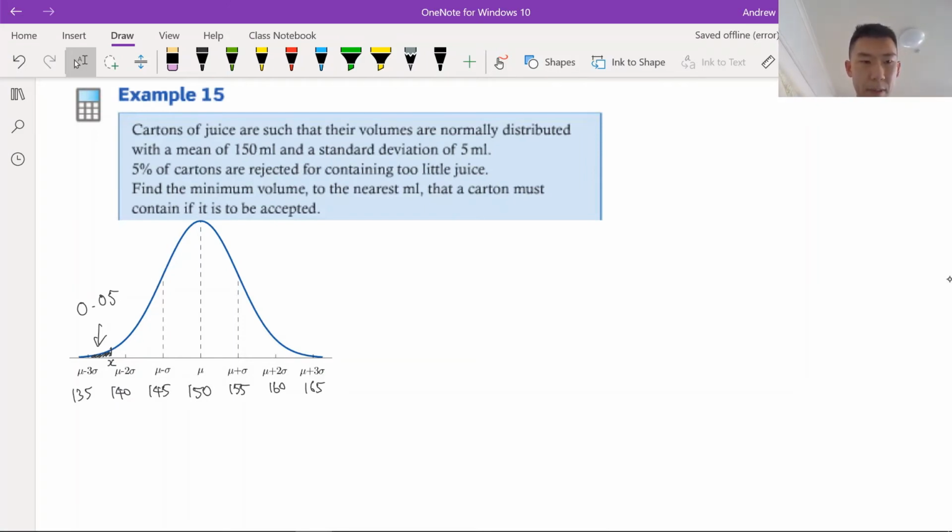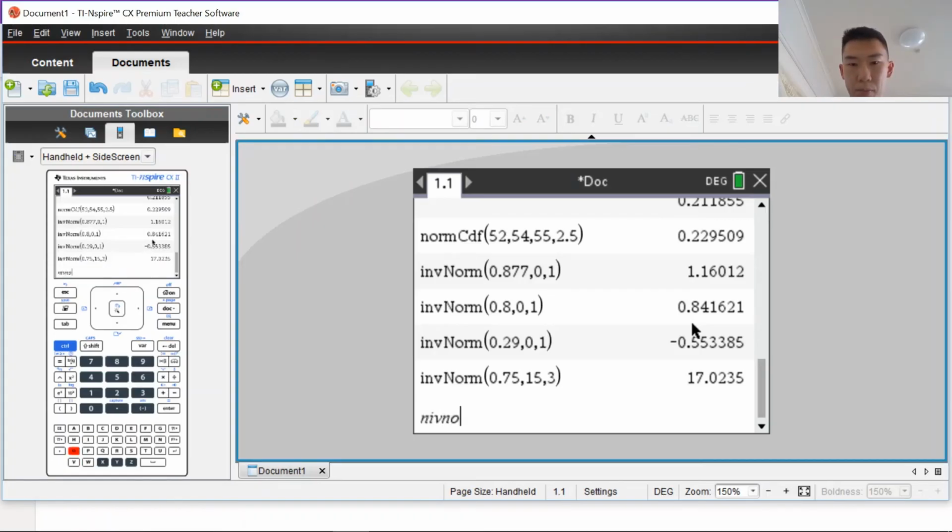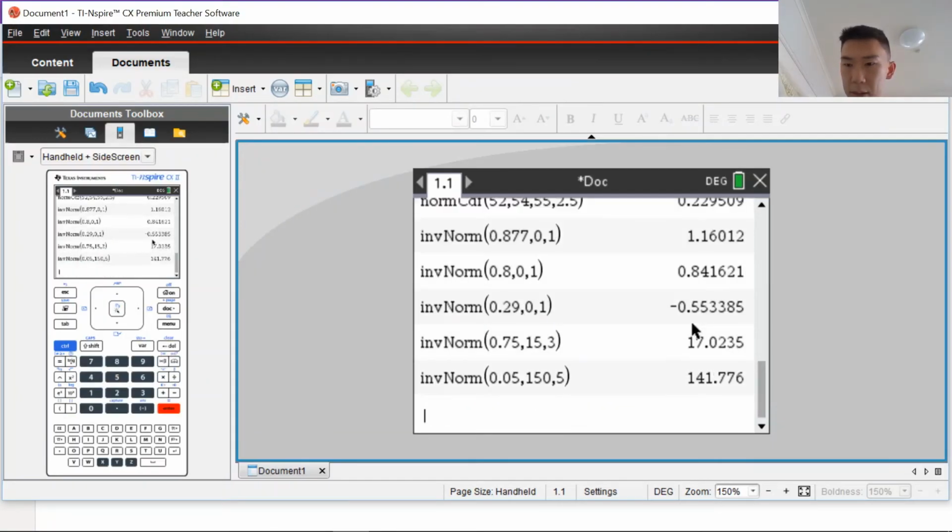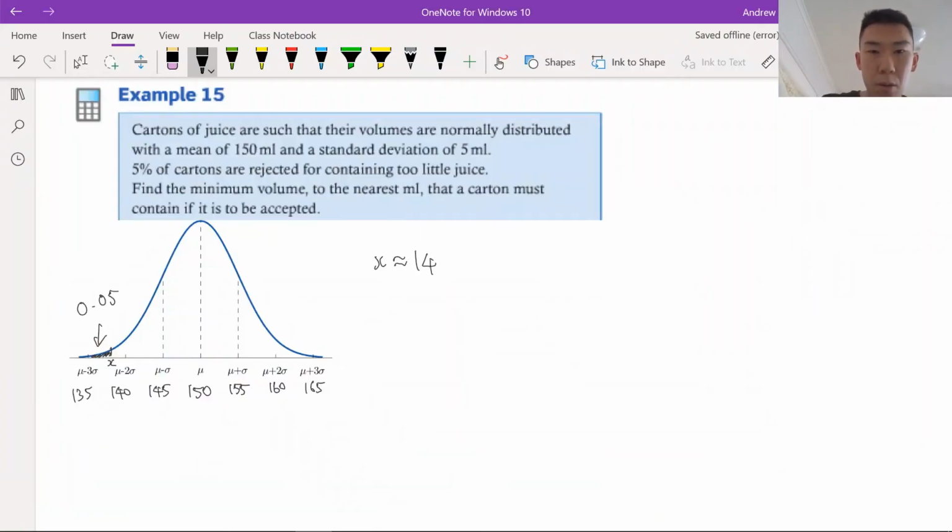So using the diagram, interpret the situation, and then put it into your calculator. So inverse normal, our area is 0.05, our mean is 150, and standard deviation is 5. So 141 to the nearest mil, right? So that's 142 mils minimum for a carton of juice to be accepted.